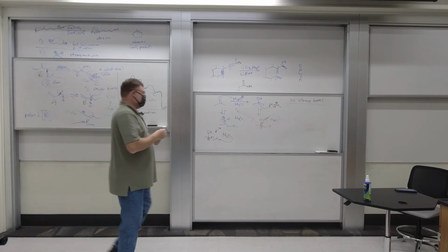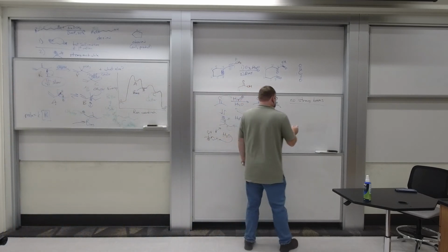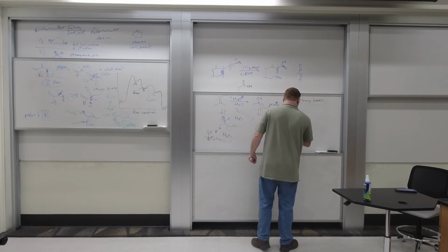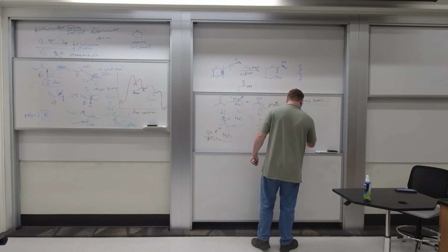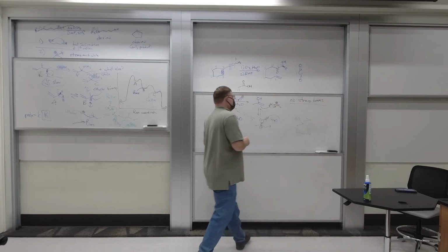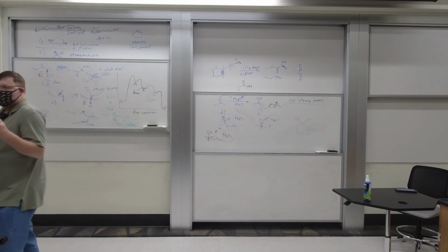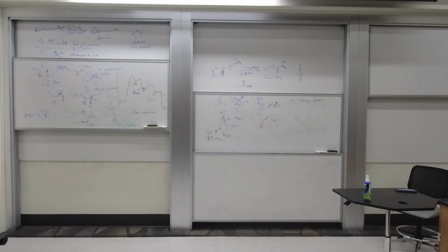Since you asked about it, that's the hydrate. So any carbonyl, any CO double bond has a hydrate equivalent, which is just adding water across the carbon-oxygen double bond, like you would do for adding water across a carbon-carbon double bond.